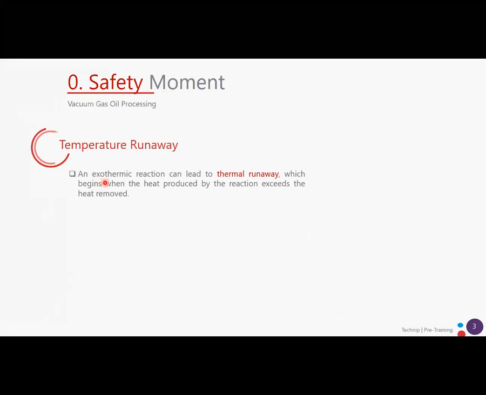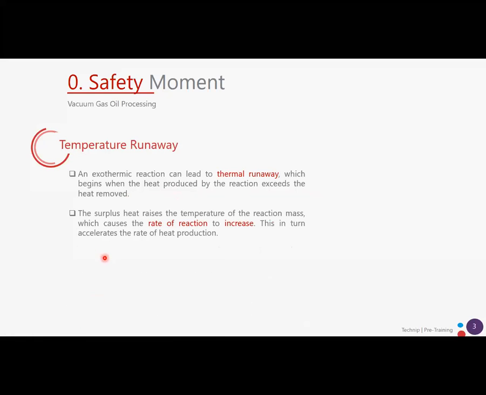An exothermic reaction can lead to thermal runaway, which begins when the heat produced by the reaction exceeds the heat removed. The surplus heat raises the temperature of the reaction mass, which causes the rate of reaction to increase. This in turn accelerates the rate of heat production.